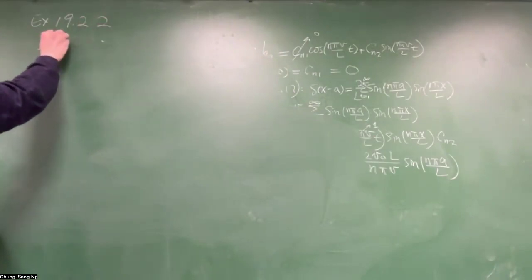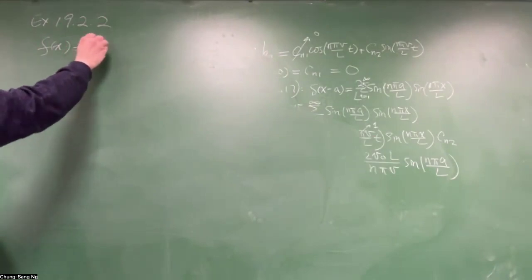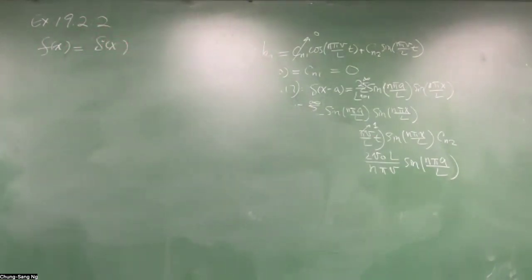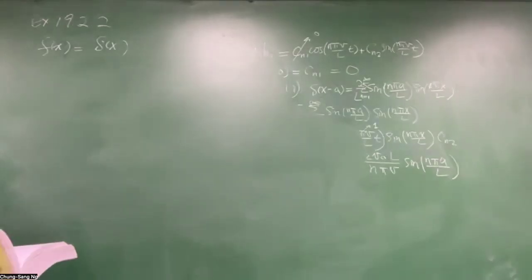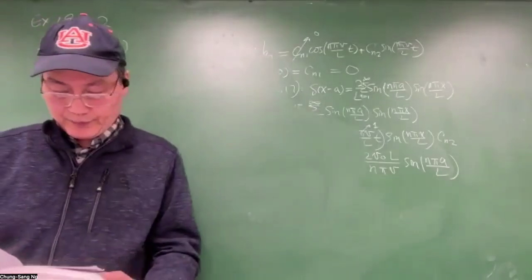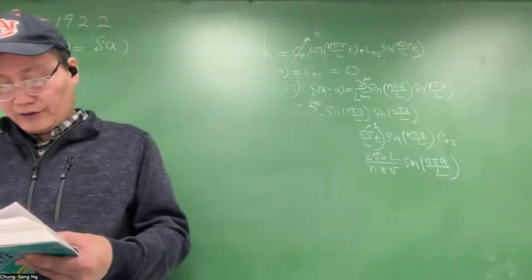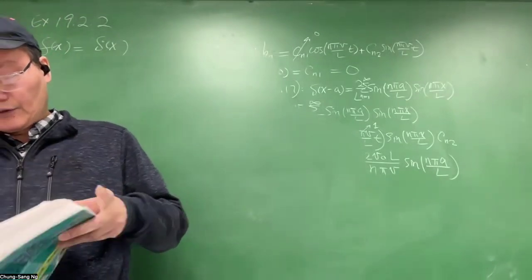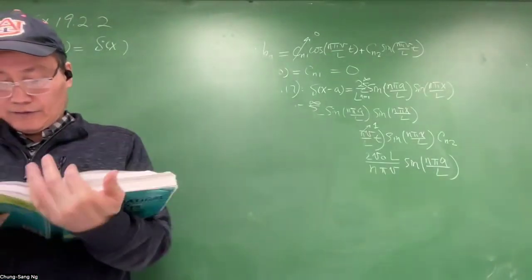Basically, your f(x) is a delta function, delta x. And you go back to the general formula. This is the standard form. Period is 2 pi. And then you can go back to the first equation that we wrote down.